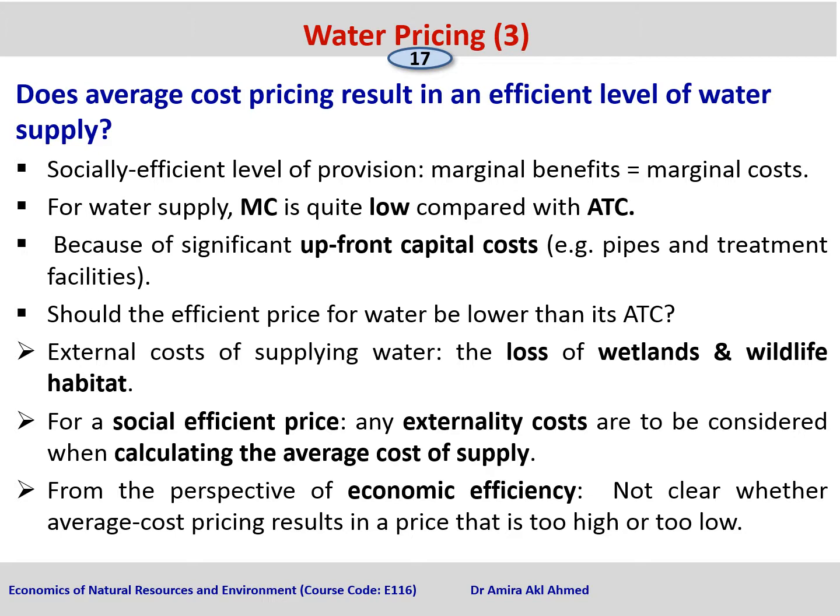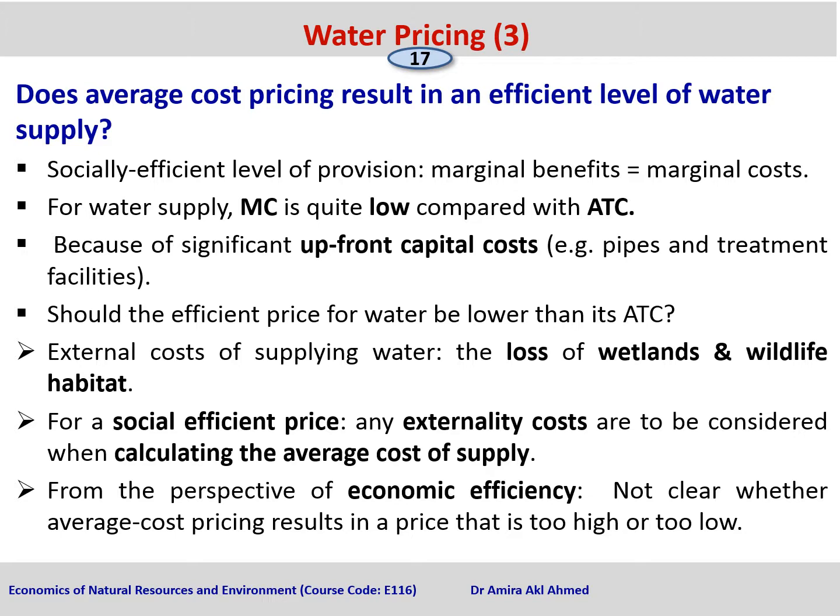This is not a surprise because supplying water requires significant upfront capital costs, such as for pipes and treatment facilities. This might seem to imply that the efficient price for water should be lower than its average cost.